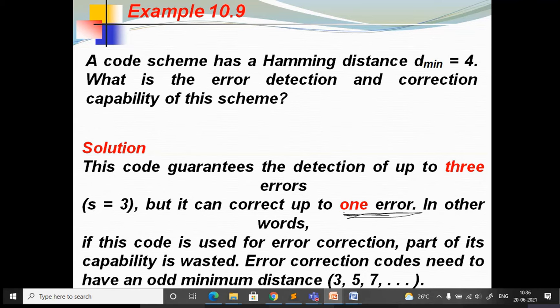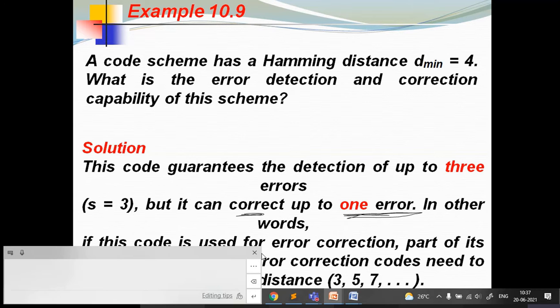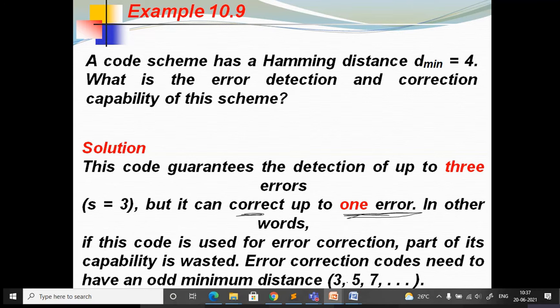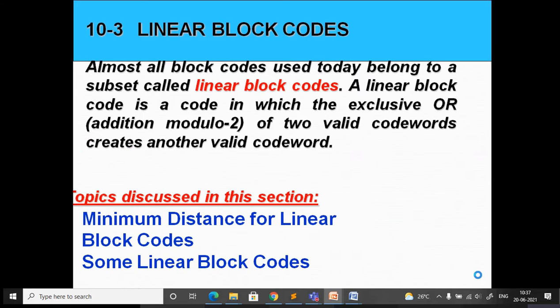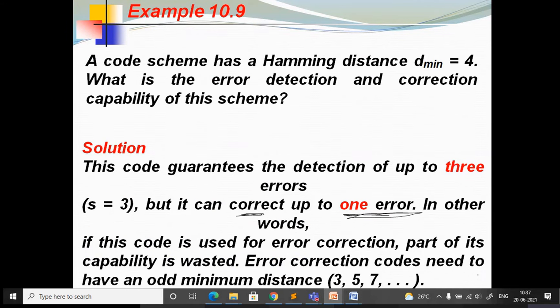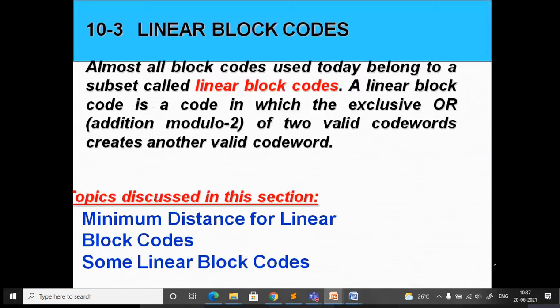So Hamming distance can guarantee correction of errors only for odd numbers, for example if the distance is 3, 5, 7, like that. Here more importance is given to detection rather than correction. The correction is only for one bit.